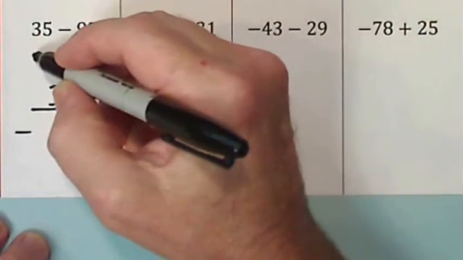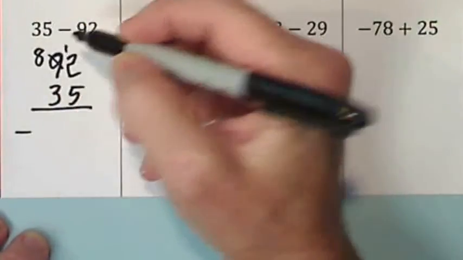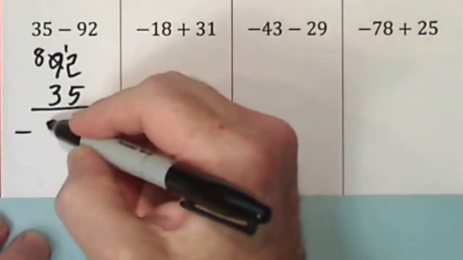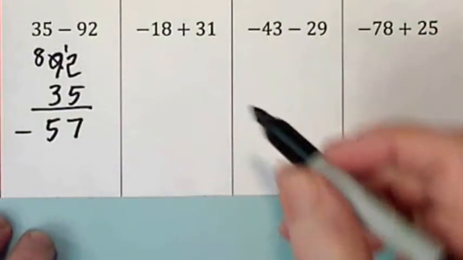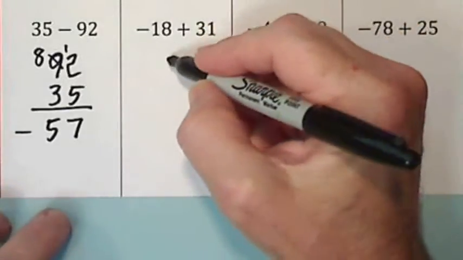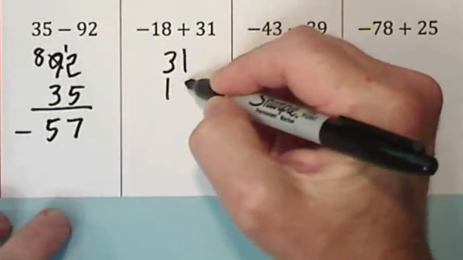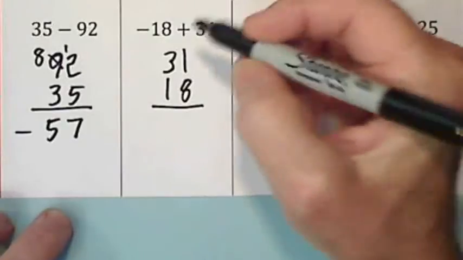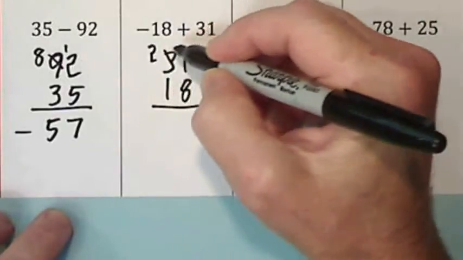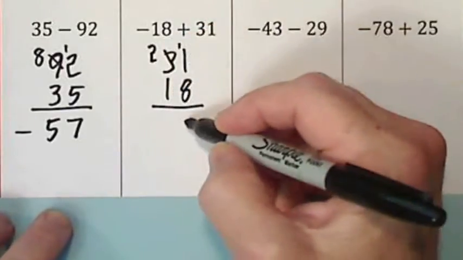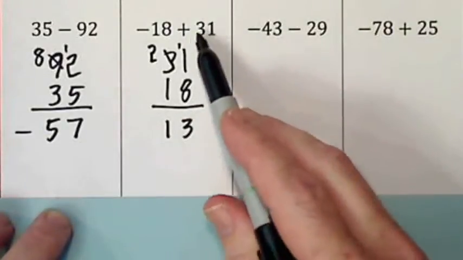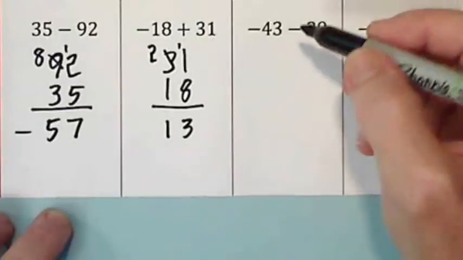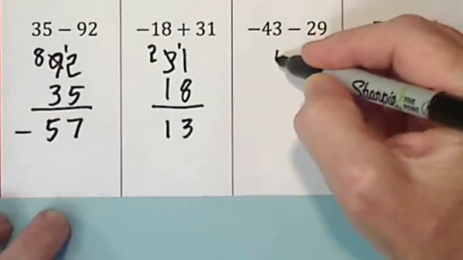Have to borrow. So that's our answer, negative 57. Signs are different, we'll subtract. And the answer is positive because the larger number is positive. Signs are the same, we'll add.